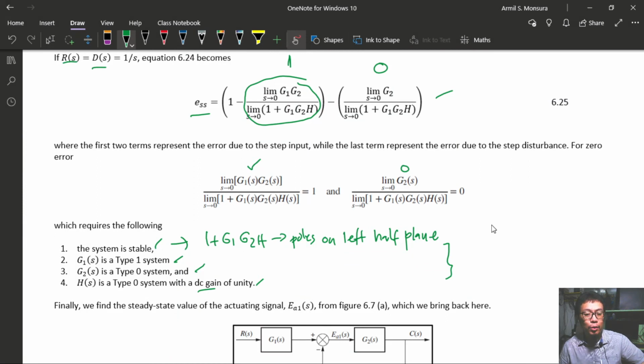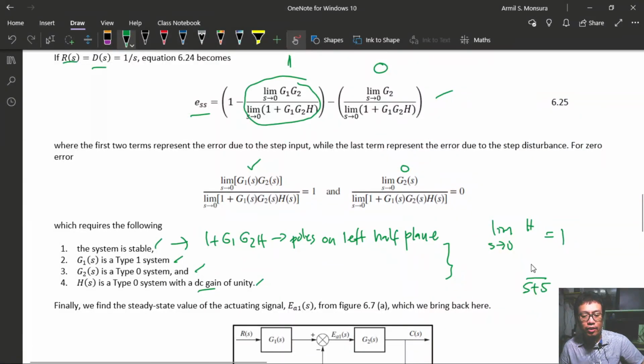That is, when you compute the limit of H as s approaches 0, the answer should be 1. So probably an example of that is 1 over s plus 5. I mean 5 over s plus 5. Okay, I was wrong. 5 over s plus 5.